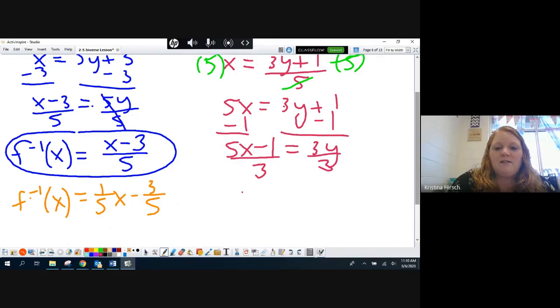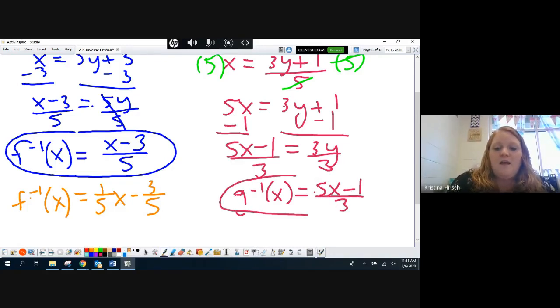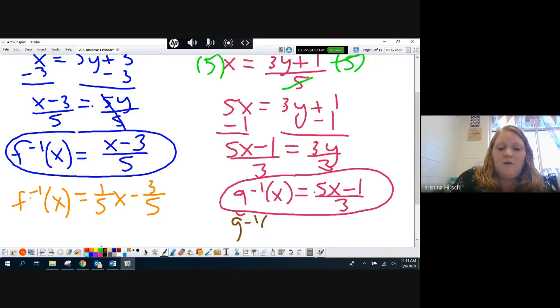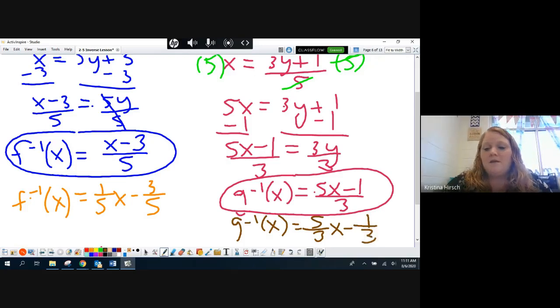It was g of x, so g to the negative 1 of x equals 5x minus 1 over 3. If I wanted it in a more linear format, then I would have g to the negative 1 of x equals 5/3 x minus 1/3, right? So that's if I need to see that y-intercept and all that in the slope. Okay, so again, either of those are acceptable.